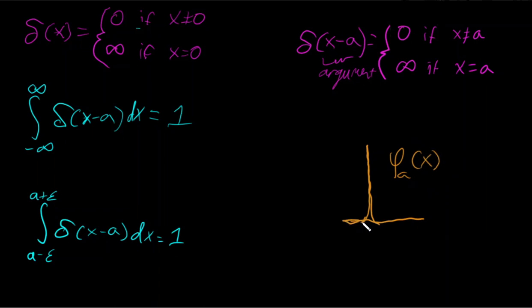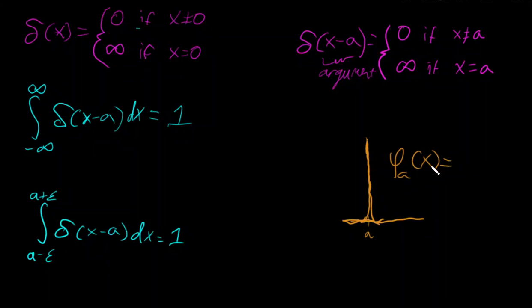Because if we're looking for a function with a definite position, it would look just like this. It's infinite at this one position, we'll call it a, and 0 everywhere else. It should make sense that this would be the state with the definite value of a.